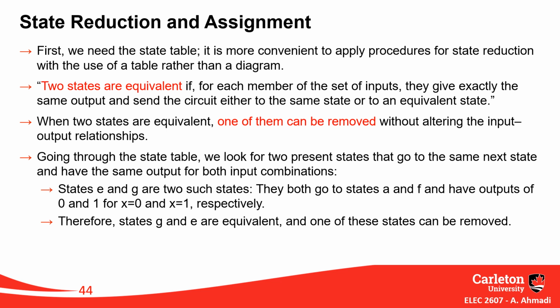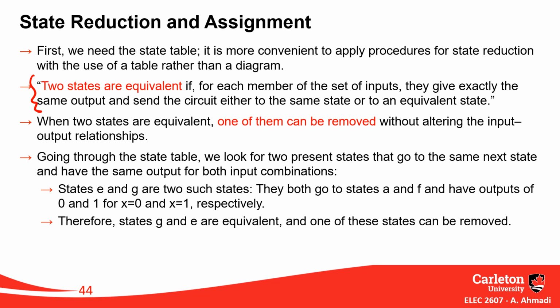Two states are equivalent if, for each member of the set of inputs, they give exactly the same output and send the circuit either to the same state or to an equivalent state. See, two important characteristics.